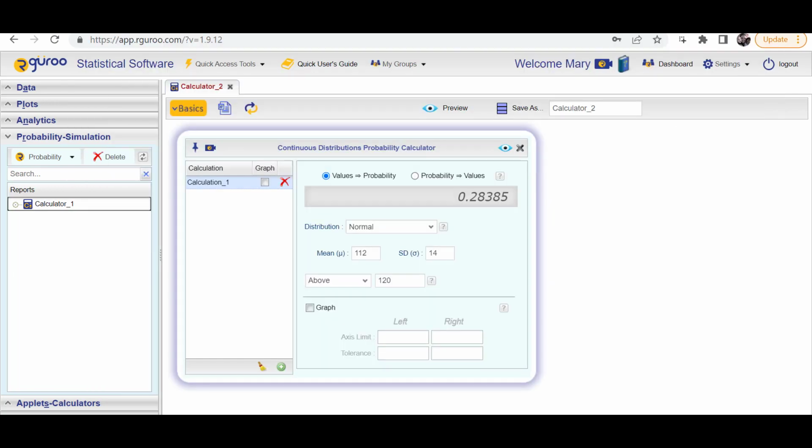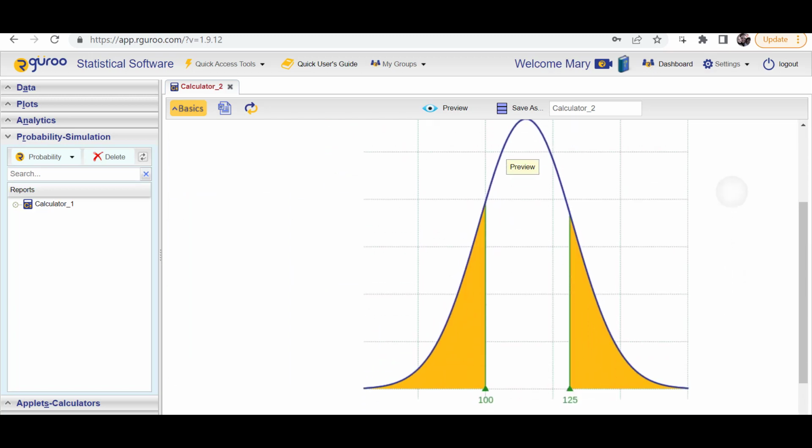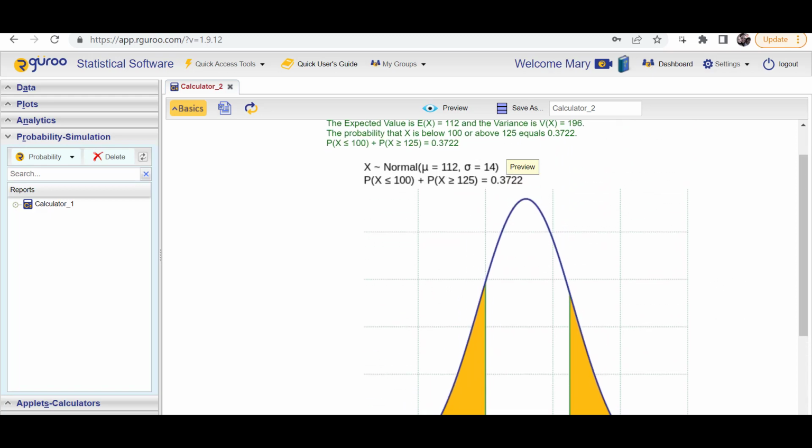So I'm going to go back here, instead of above, I'm going to put outside. So outside, the lower value is 100 and the upper value is 125. And look at this. I'm going to click graph so you can see the shading. So see, they've shaded on the outside. So less than 100, more than 125, and that probability is 0.3722, right? So it's pretty cool they can do that.